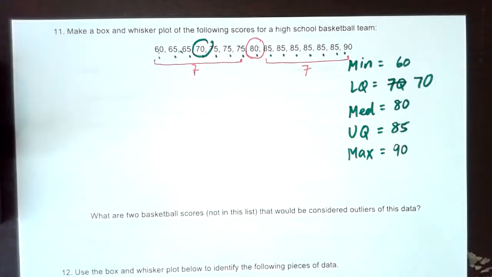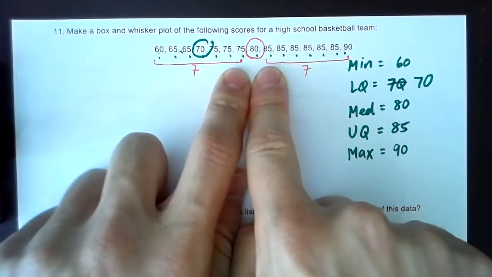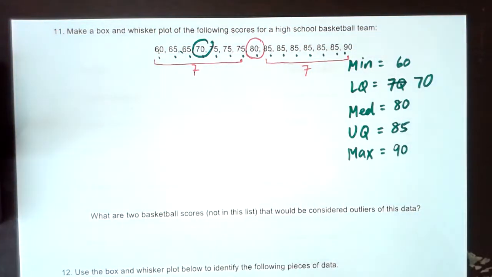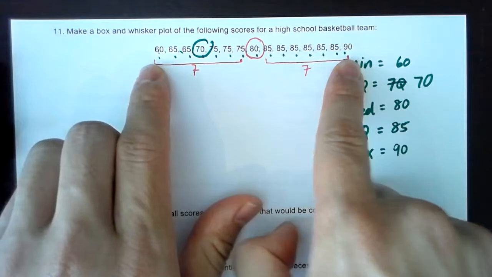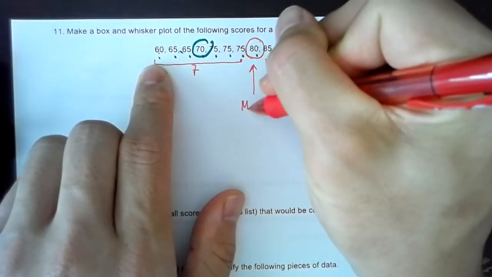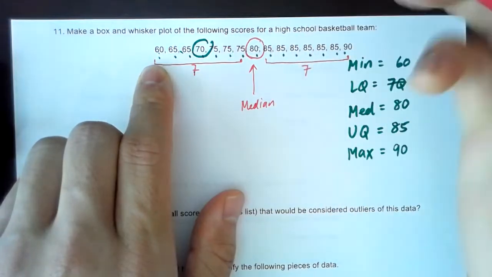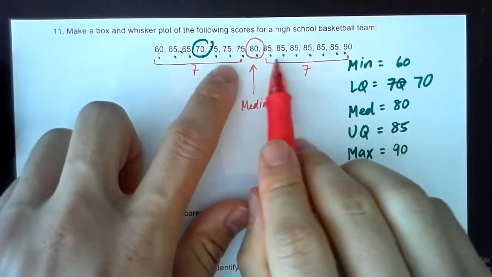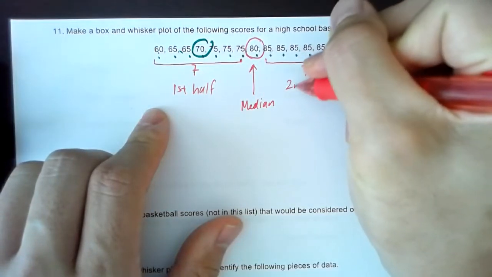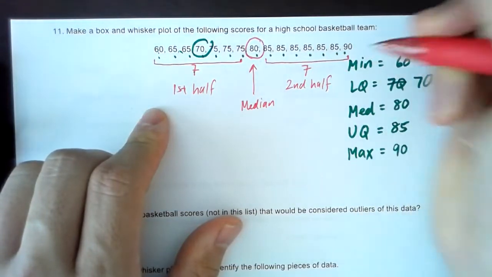Okay, so I'm going to repeat what I just did. The first thing you always want to do is identify how many total numbers you have. So I calculated that I had 15 numbers. The median is always going to be the number directly in the middle. And you don't want to include this number in your first half or your second half of data because it's not part of either half.